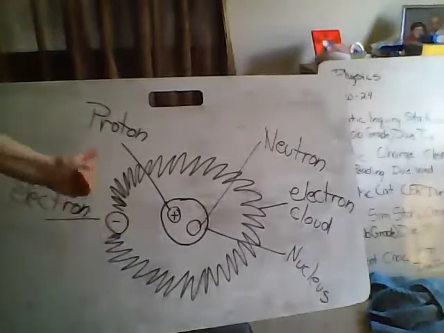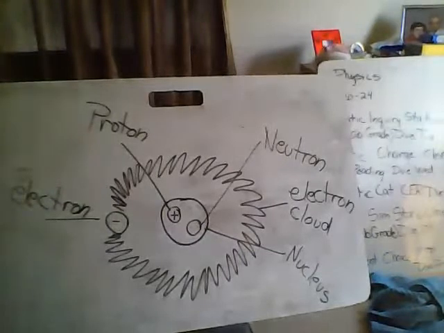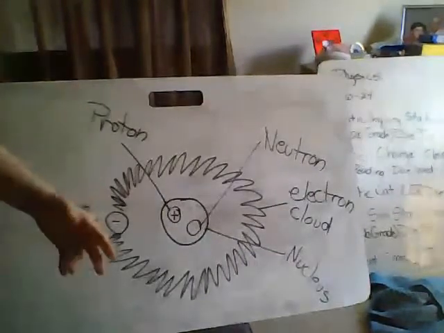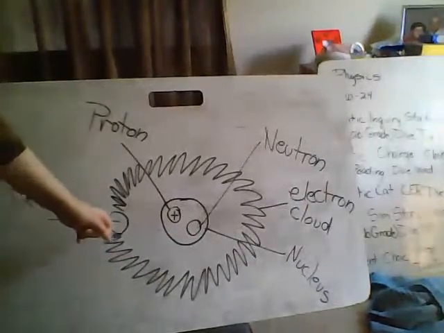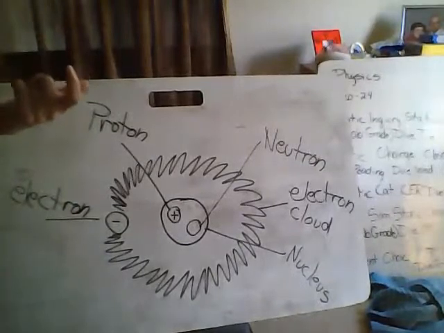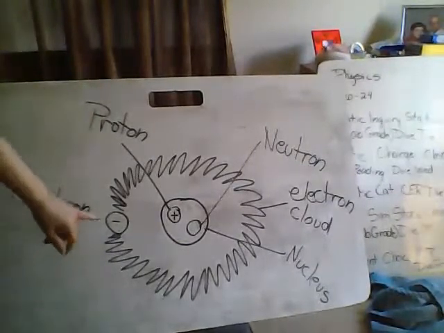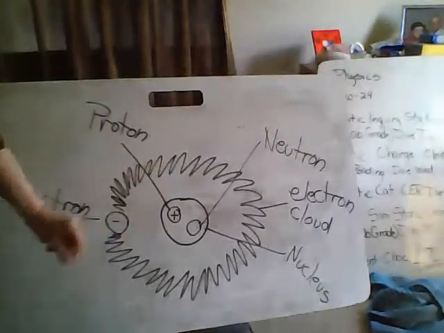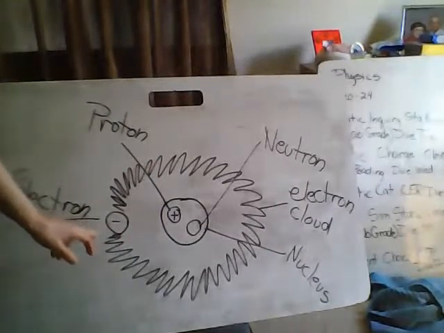When the electrons are excited, they go to a higher energy level. And then when they drop back down to a lower energy level, that's when they release energy in the form of light. So that's what's happening with electrons.